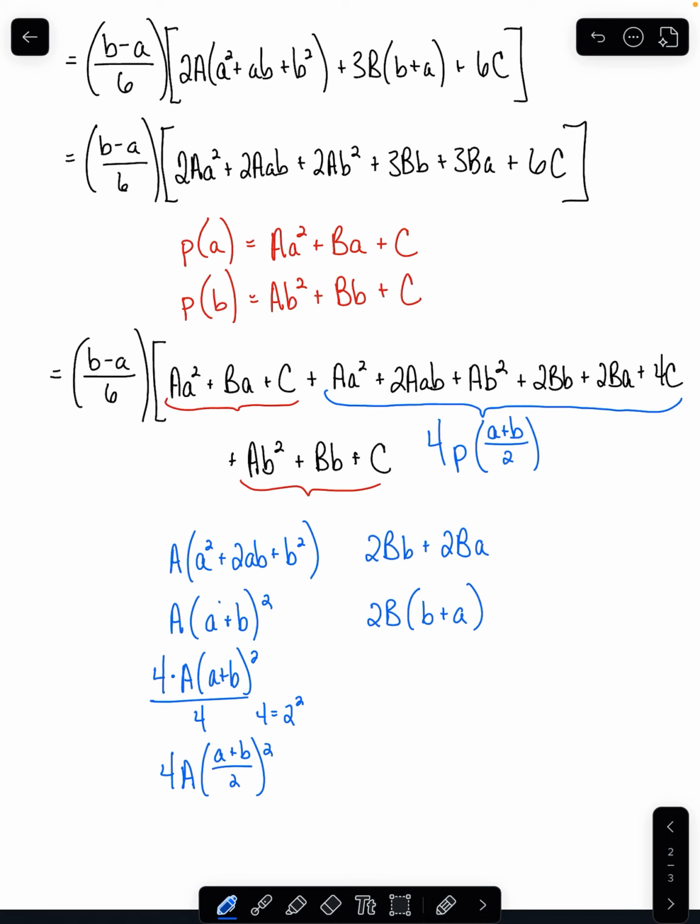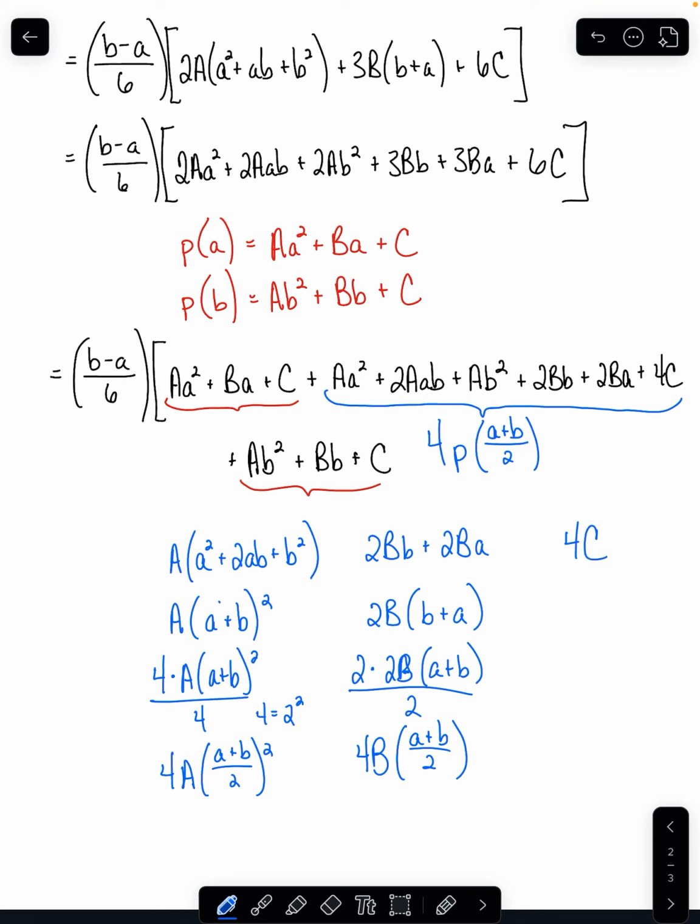And in order to get that 4, we just have to multiply this by another 2 and balance it with a division by 2. And that gives us 4 times big B times little a plus little b over that denominator of 2. And then, of course, we simply have the 4c.